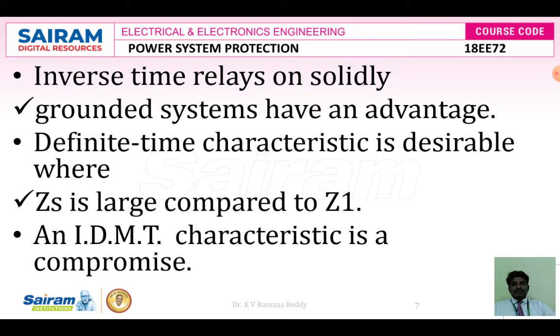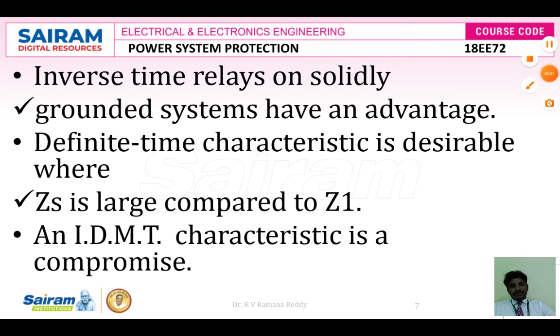Next, inverse time relays on solidly grounded systems have an advantage, and definite time characteristics are desirable where Zs is large compared to Z1, where generally the source impedance is large compared to Z1. By that time it has the capability to block the fault currents before they reach the source.